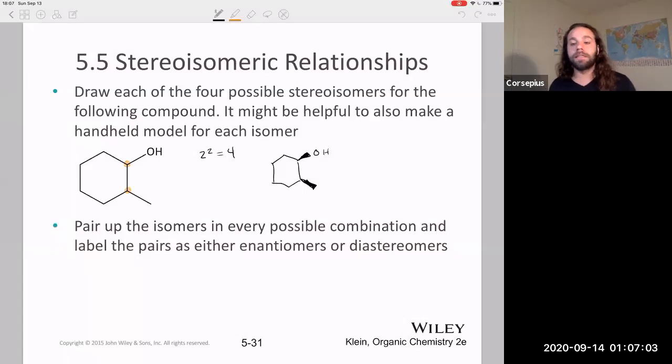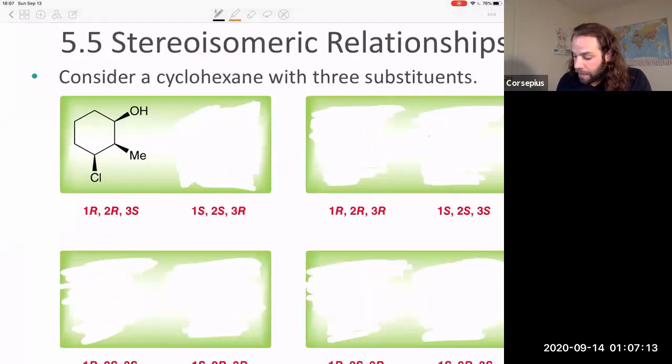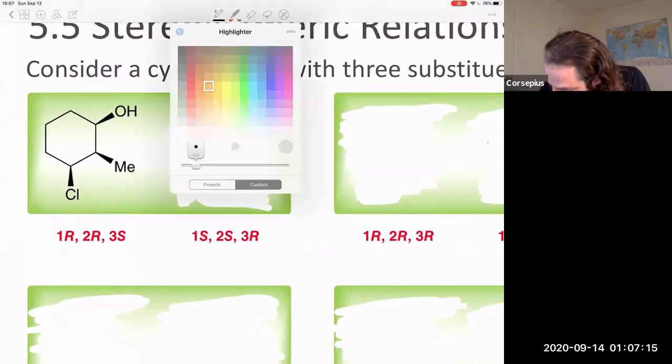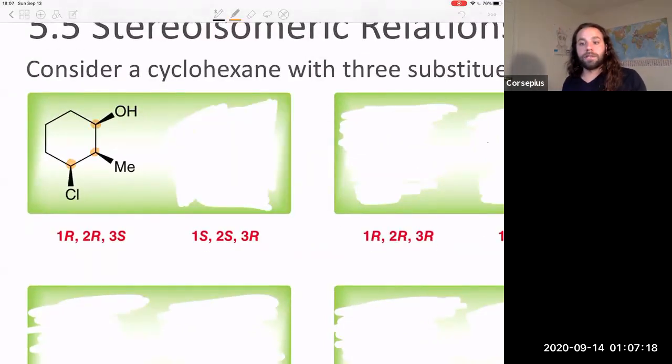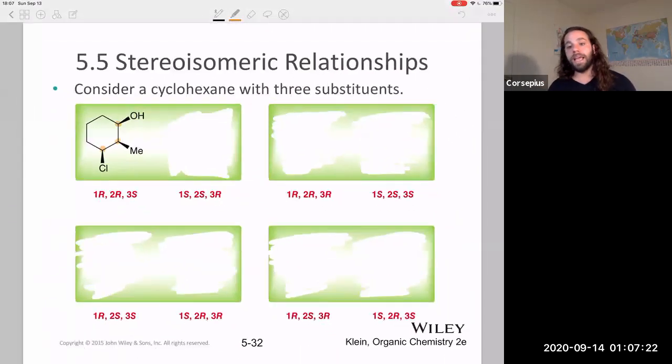You could go in and designate both of these stereocenters as either R or S. But now let's talk about an easy way to get all of them. So let's start with something like this that has 1, 2, 3 stereocenters. Now I take 2 cubed, so it will have 8 different possible stereoisomers, and we're going to worry about drawing all of those.